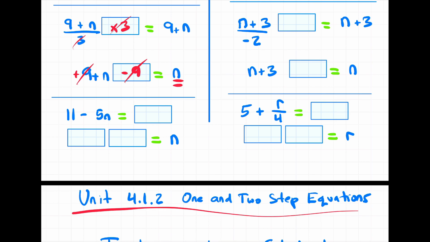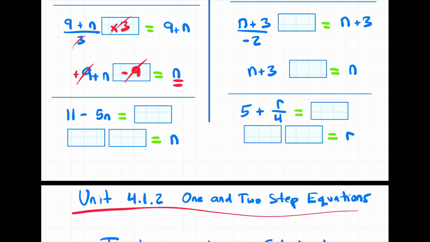All right, and the final example says 11 minus 5n. Now, because they're both together, there's no brackets, no denominator, we're going to deal with the 11 first, so whatever is not attached to that n in this case.